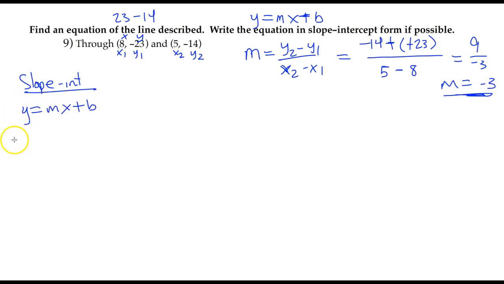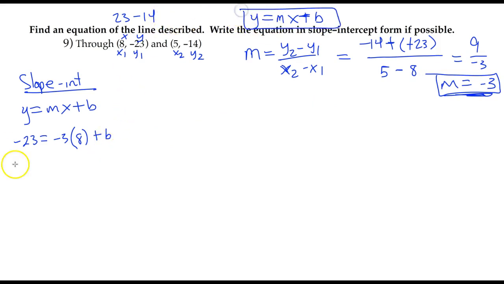So if we do that, then of course we have negative 23 equals negative 3 times 8 plus b. And so the reason why we're plugging in all this information is so that we can find out our y-intercept. Once we have our slope and we have our number for the y-intercept, then we have everything we need to put it in this form here. So that's why we're solving for this.